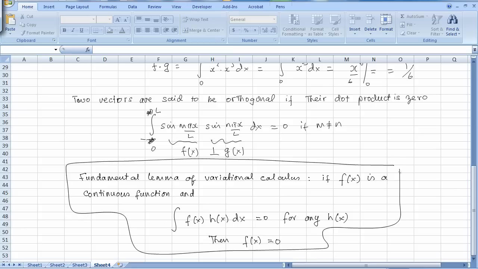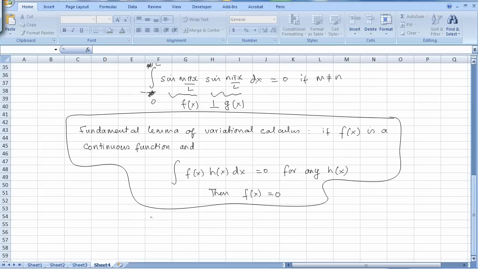It looks like common sense, and you're wondering why it should be continuous, because I could have some bizarre stuff. For example, I can have f of x equal to 0 for x not equal to 0, and f of x equal to 50,000 for x equal to 0.